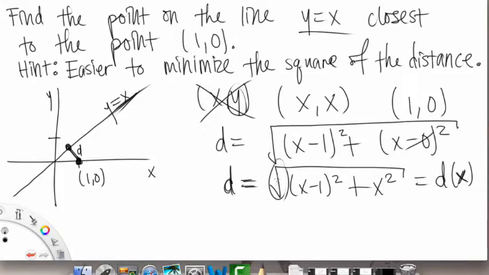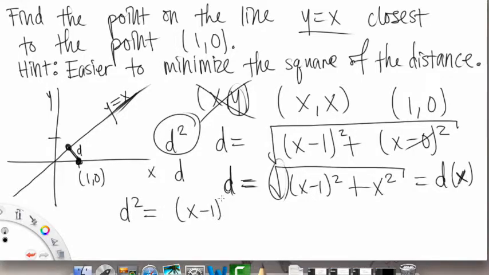But minimizing the square of the distance, d squared as opposed to just d, is the same thing as minimizing distance, because distance is already a positive value, and when you square it, it becomes even bigger. So this is what we're going to minimize. Our distance squared is (x minus 1) squared plus x squared. See how the square root was taken out? That makes our lives easier.